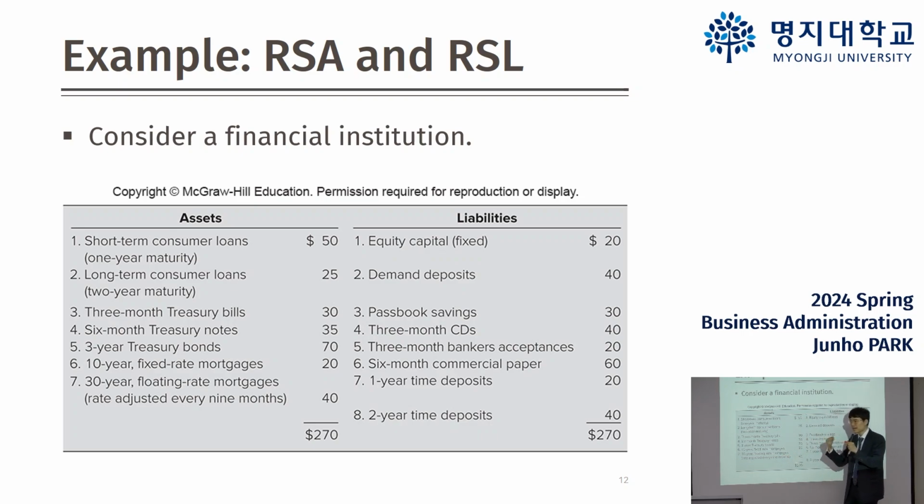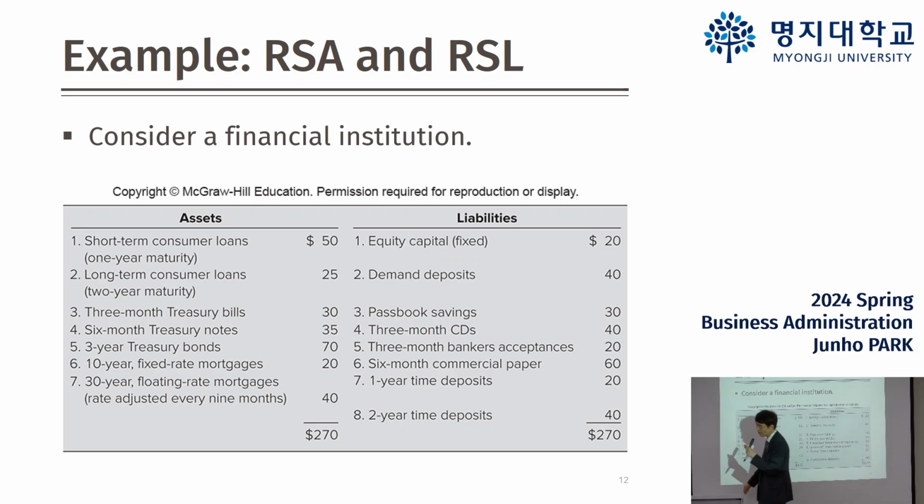So after 9 months, the rate will be changed. Then I will be affected by the interest rate risk. When the interest rate changes, the interest that I receive changes. So therefore, contrary to the common belief, item number 7 should be included as a rate sensitive asset.